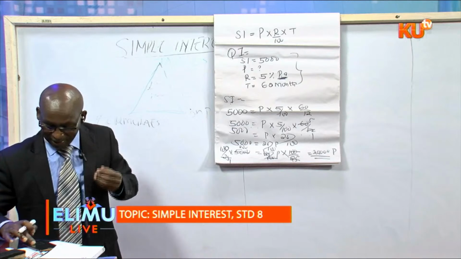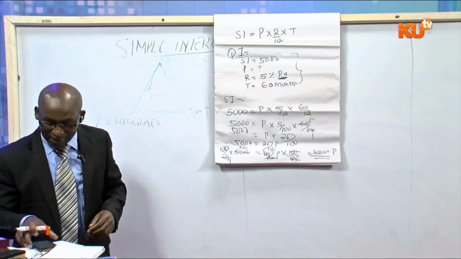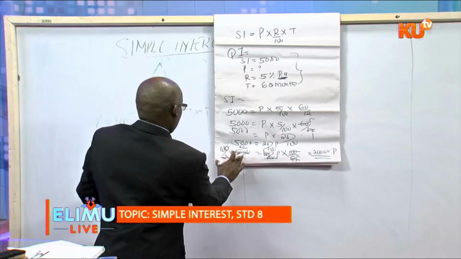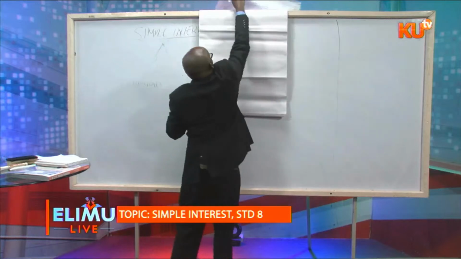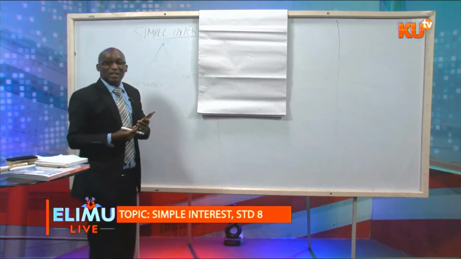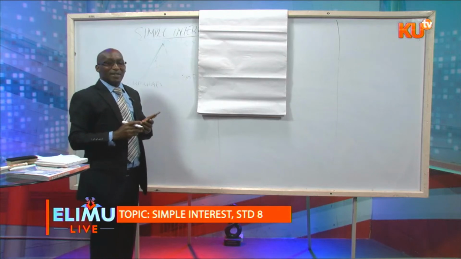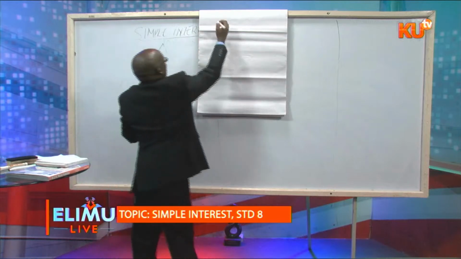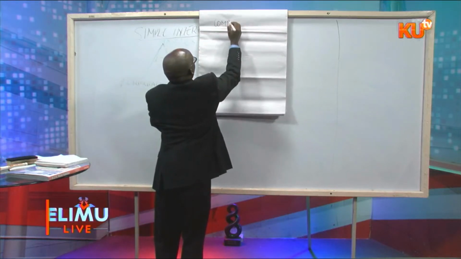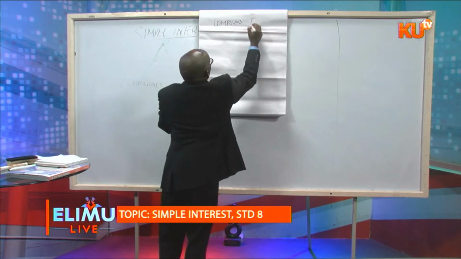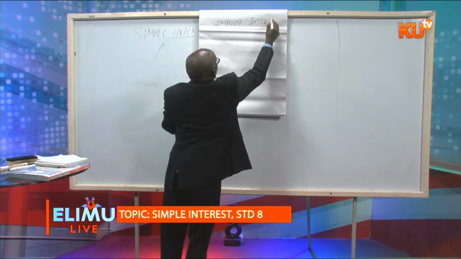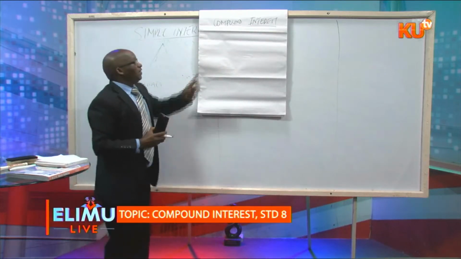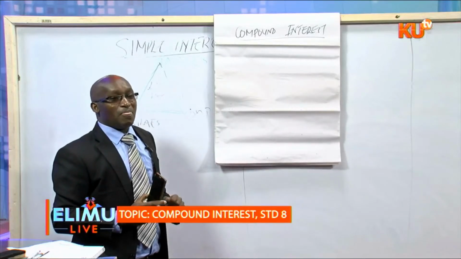For our class 8 candidates, remember these are questions that were introduced and taught in class 7. In class 8, they are taken to the higher level, whereby the question is on compound interest.